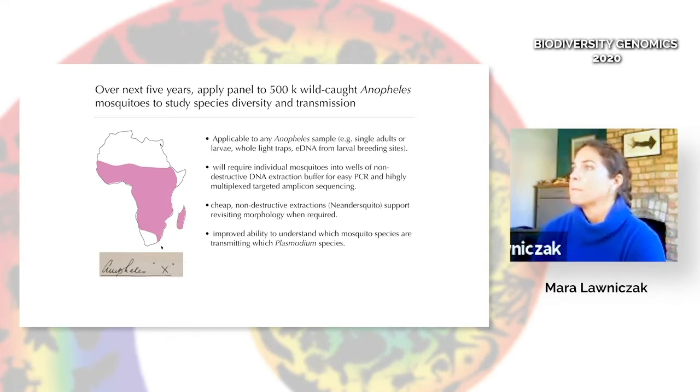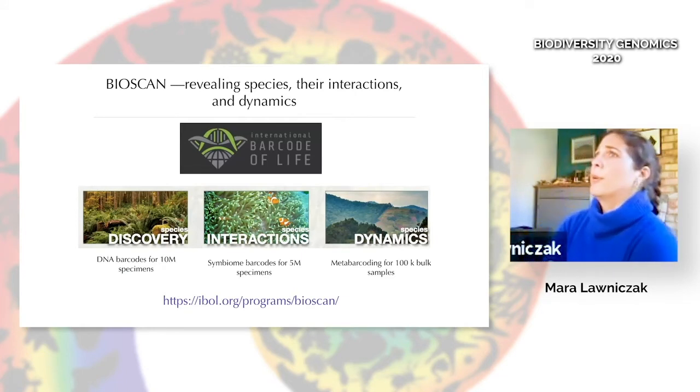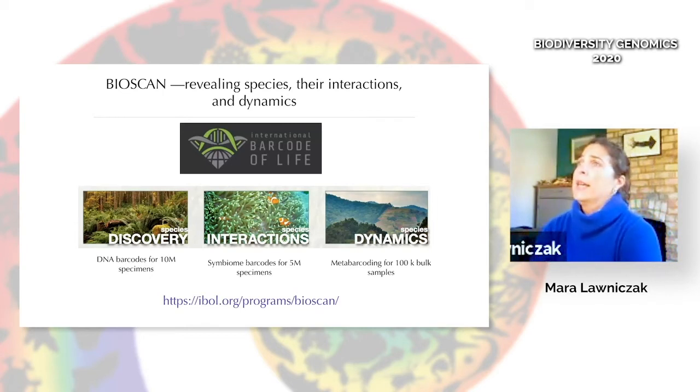In the final few moments, I want to talk about another global project like the Earth BioGenome Project, but this one is called BIOSCAN, and it's led by the International Barcode of Life.